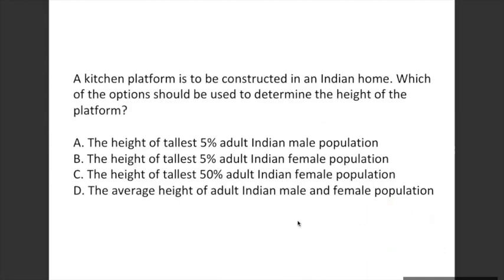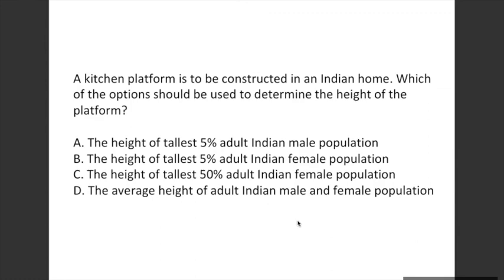There's no solving required for this, but let's logically try thinking about this question. A kitchen platform needs to be constructed for an Indian home. Which option should be considered to determine the height of the platform?